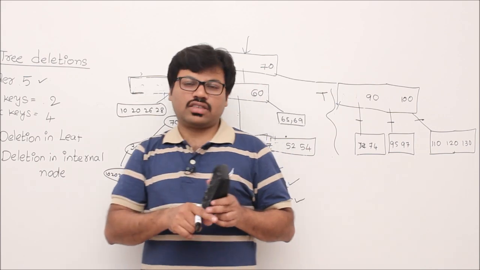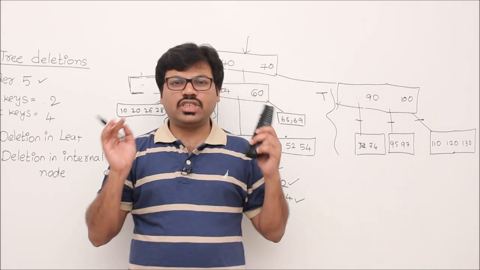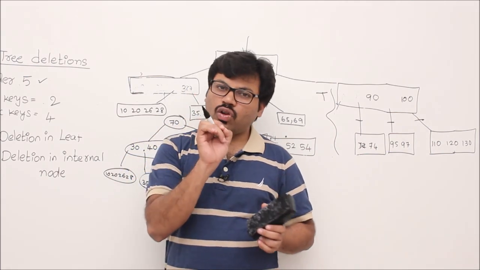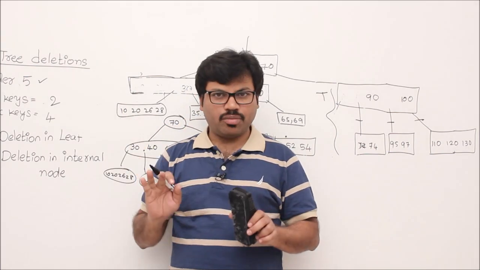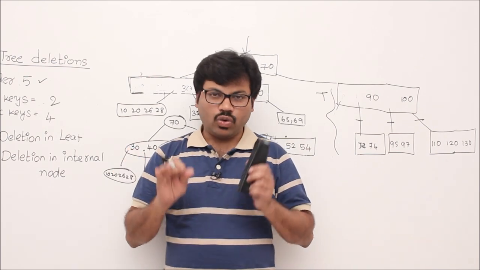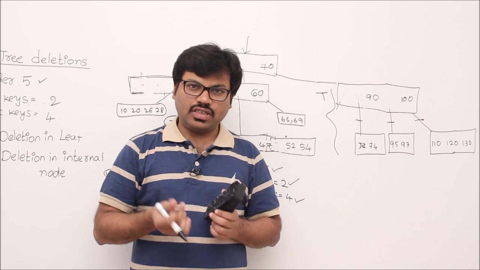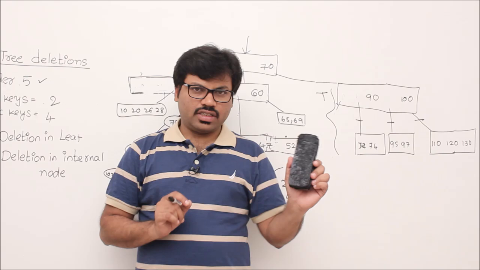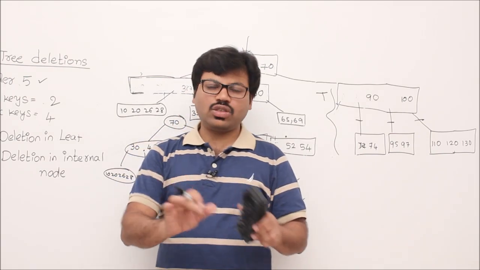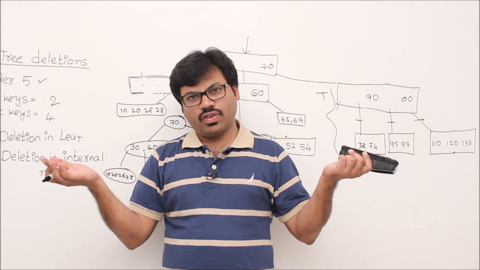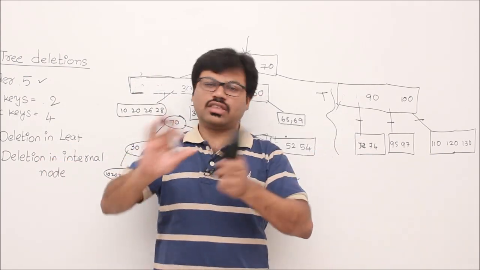When you go for in order successor, in that process you will be visiting a lot of blocks. For that, there is a lot of computation. Every block you want to visit should be transferred to main memory and processed. It takes a lot of time. That's why, to avoid that computational expensiveness, blindly we go for in order predecessor. Whatever it is, if it doesn't have sufficient keys also we delete. Then we handle the remaining case as deleting from the leaf. Otherwise you fix in order successor always.